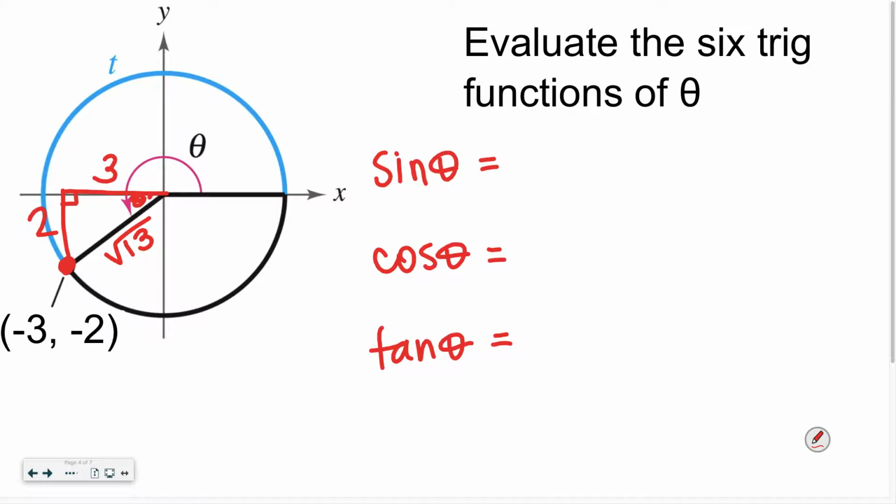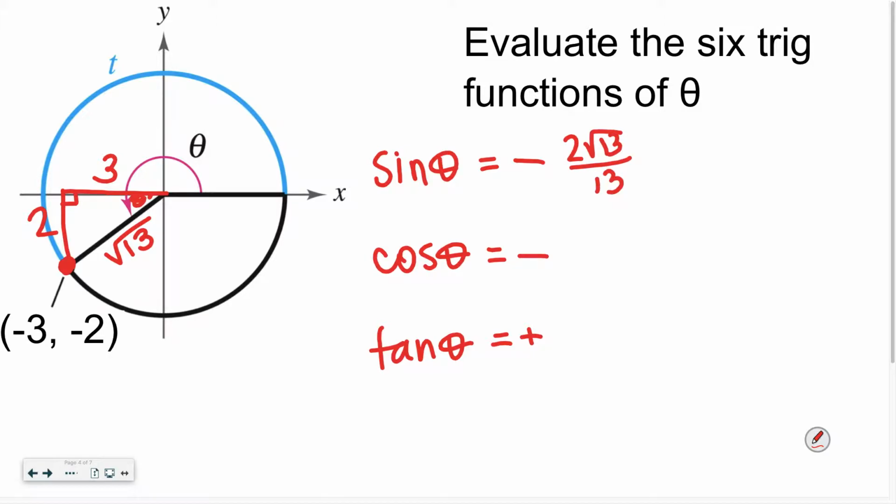Now, I'm going to tell you 2 different ways you can go about doing this. Way number 1. I have my reference triangle up there. Since we're in the 3rd quadrant, I know that the sine and cosine will be negative and the tangent will be positive. Now I can look at my reference triangle and I know that the sine ratio is opposite over hypotenuse. And then I'll rationalize.